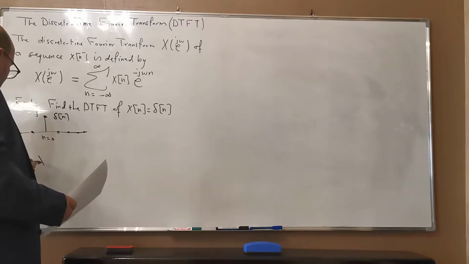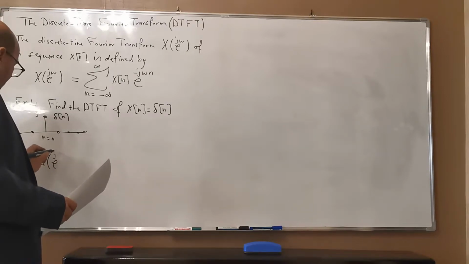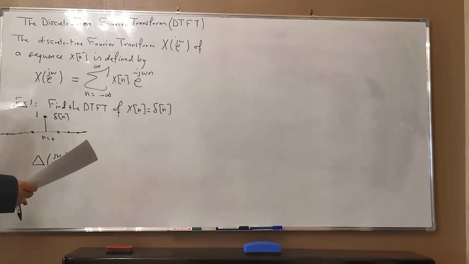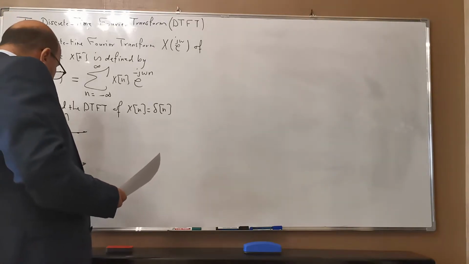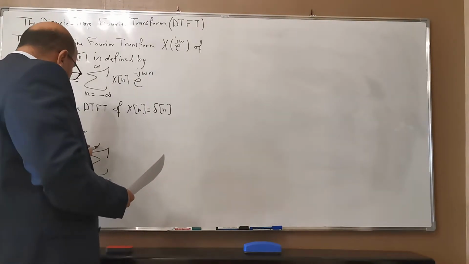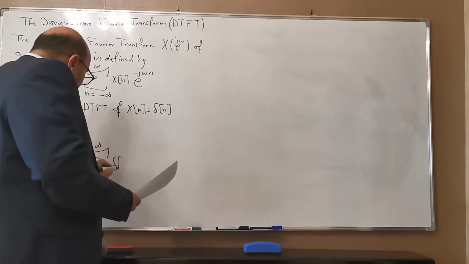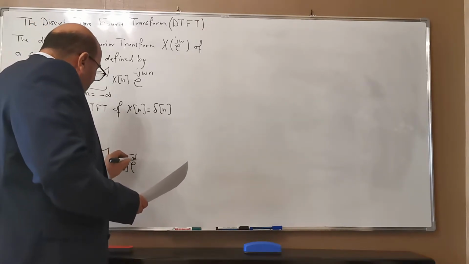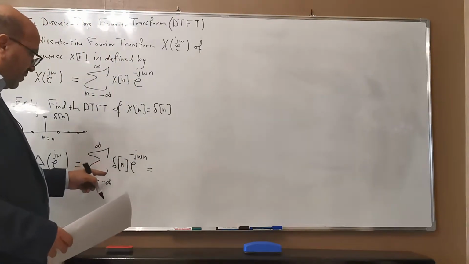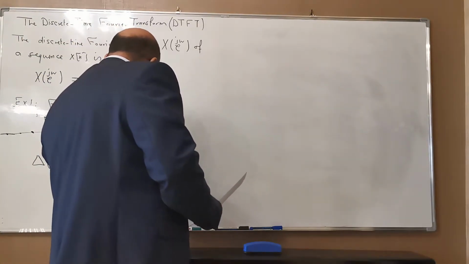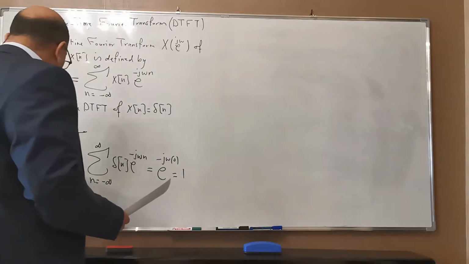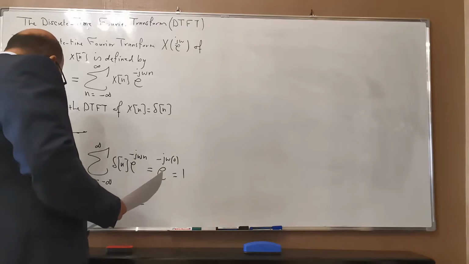So our delta of e j omega, uppercase delta, is equal to the summation from n equals minus infinity to infinity, delta of n e to the minus j omega n. And by the shifting property, this equals e to the minus j omega times 0, and this is equal to 1.